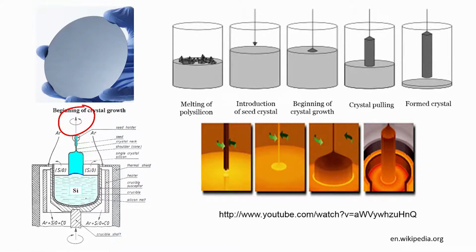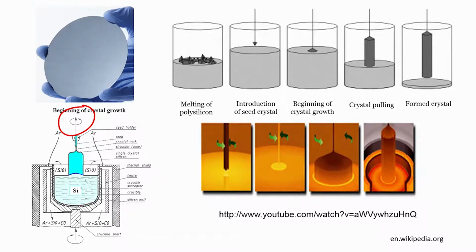There is a crucible susceptor, and then there is a heater that will heat the material. The chamber in which the silicon melt or polysilicon is held is called a crucible, and there is a crucible susceptor. This one is the silicon melt.